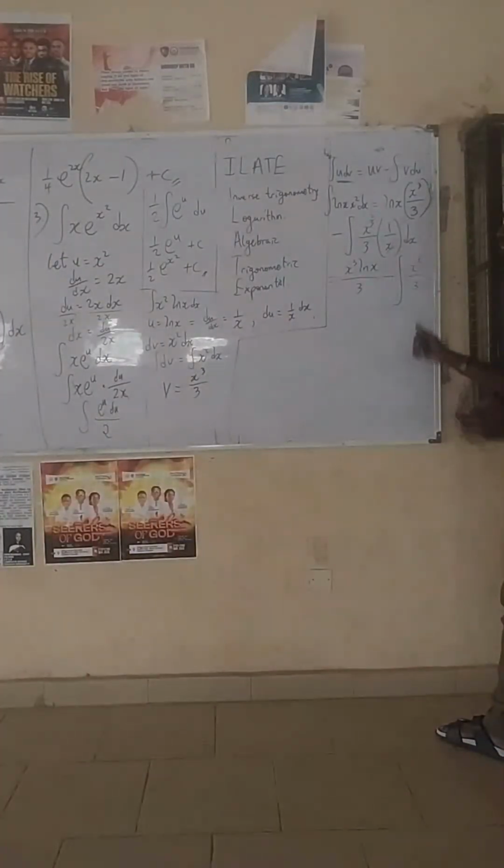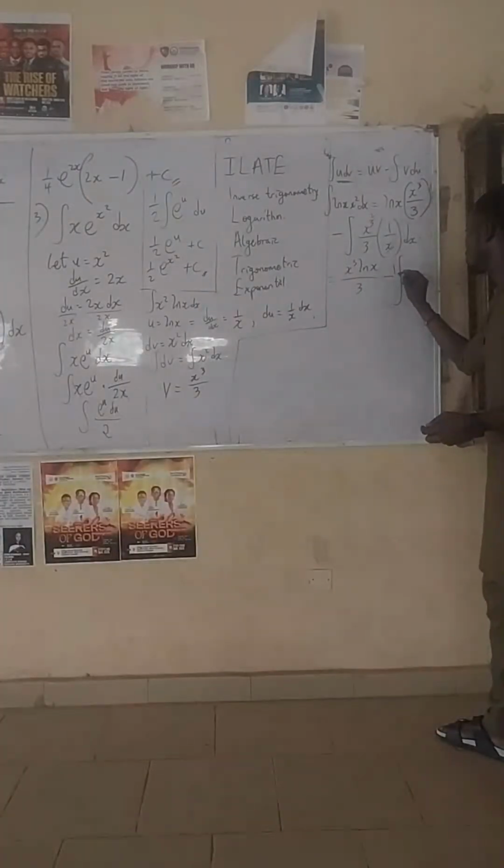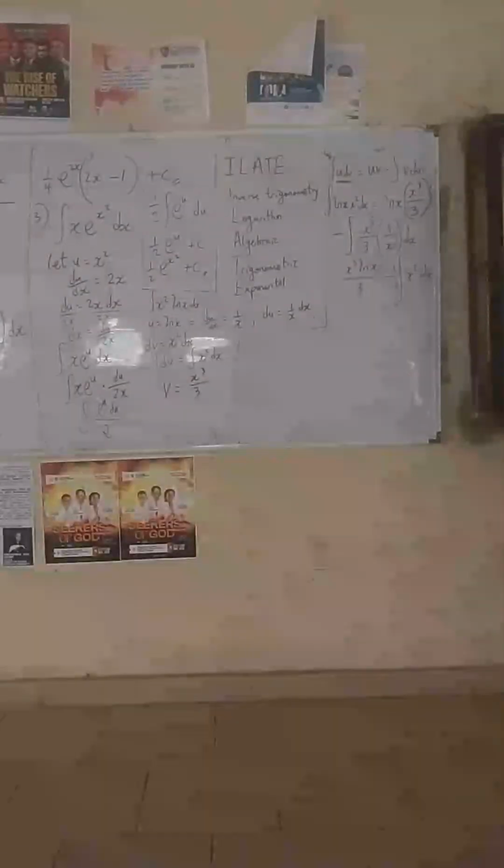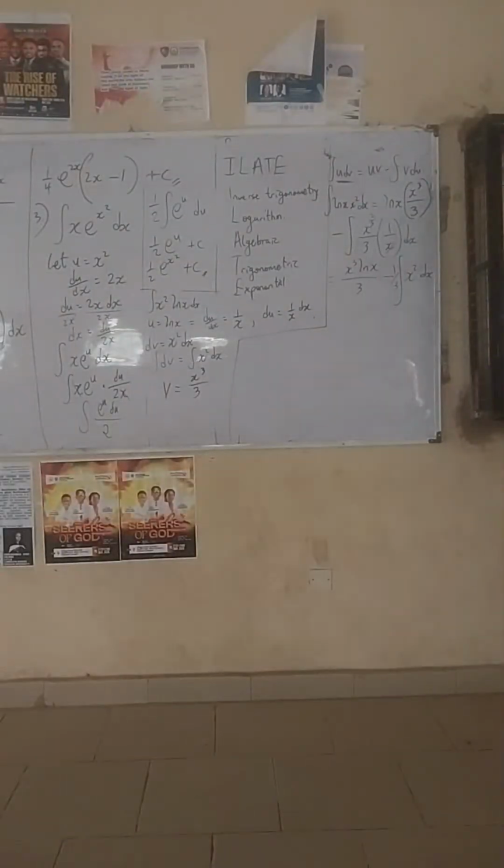Now over 3, let's bring it out. That's 1 over 3 times x squared dx. The coefficients will come out. If it's divided by 3, that means 1 over 3 outside. So we have business with this x squared after 1x has cancelled 1x. If we integrate x squared, we have x cubed over 3 also.